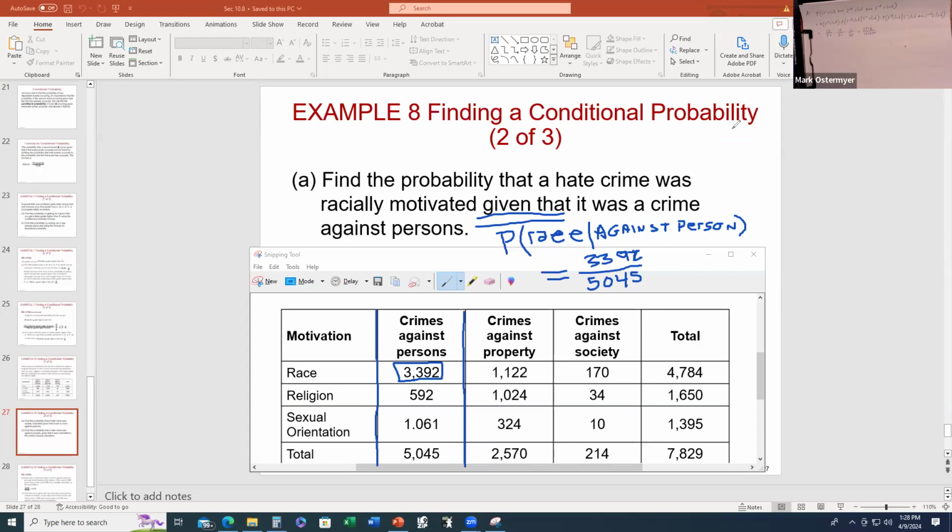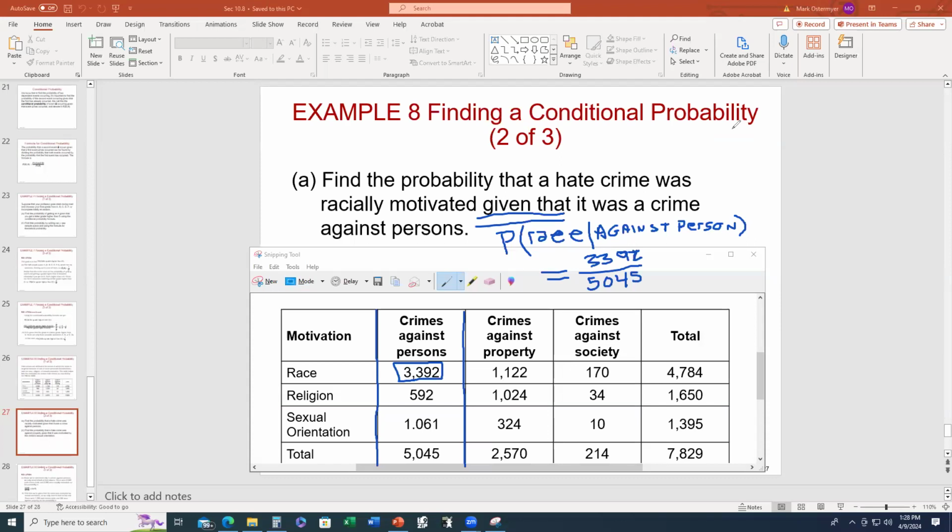Now listen to this question. Given that a crime was motivated by sexual orientation, what is the probability that the crime was against property? Let me say it again. Given that a crime was motivated by sexual orientation, what is the probability that it was against property? 329 over 2,570.